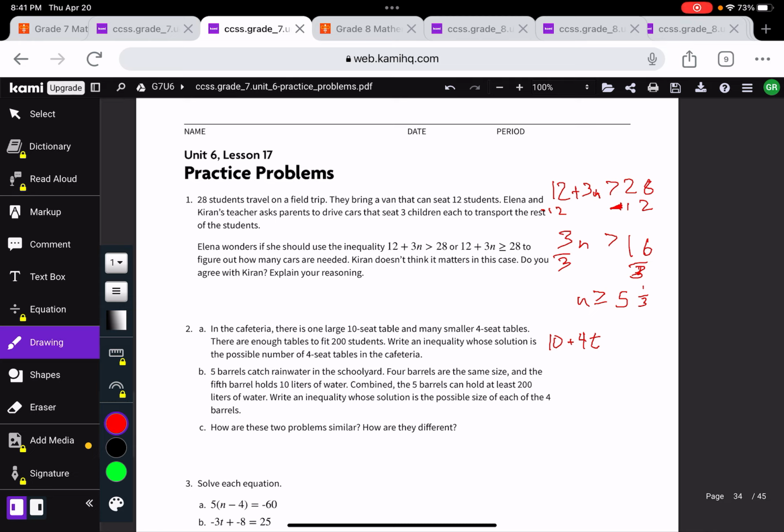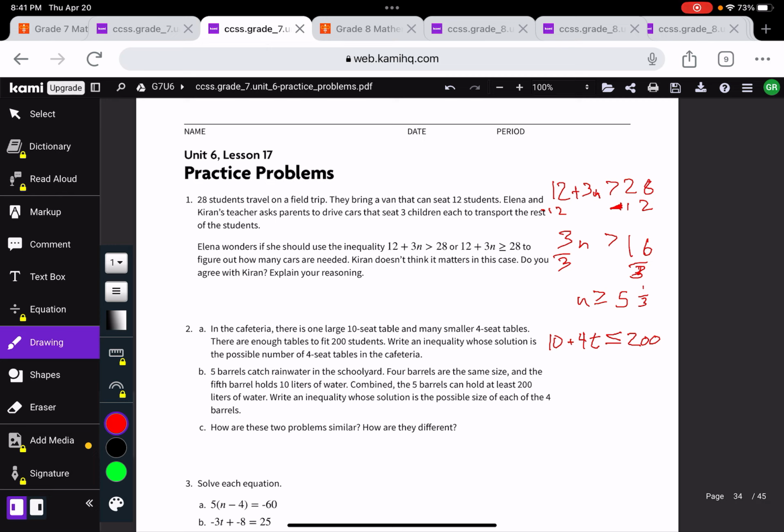I believe all of that should fit 200 students or less, because it's not like you have to have it be exactly 200. There's not always 200 kids going to be eating there, but it could hold up to 200. So all those tables hold up to 200 or, of course, less.